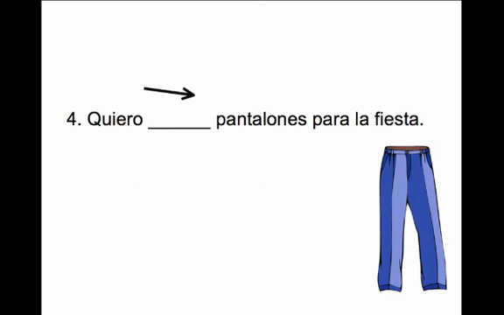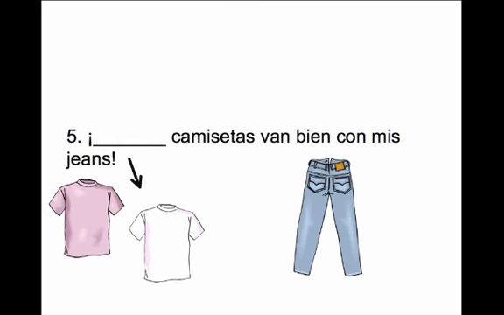Quiero. So we're going to say I want those pants. Esos pantalones para la fiesta. Y número 5. These t-shirts go well with my jeans. Feminine and plural. And close by, estas.